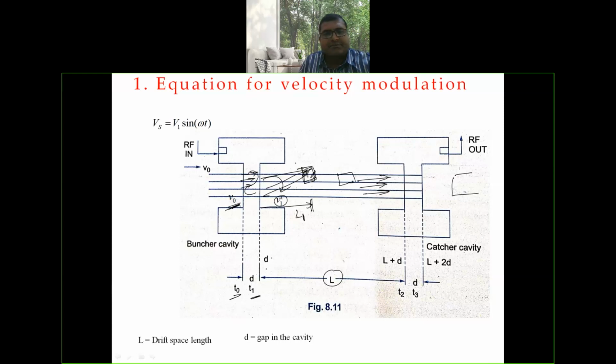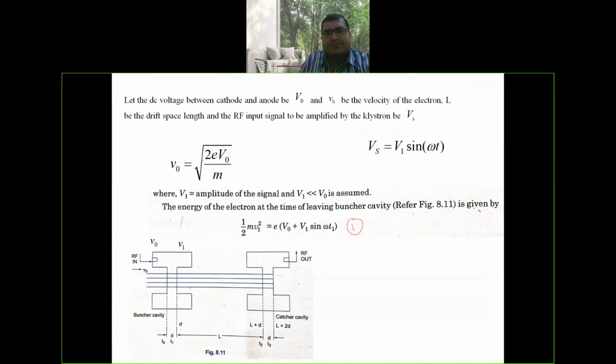Now the equation of velocity modulation. Here V0 is the velocity of the electron before entering the buncher cavity. Vs is the signal to be amplified.